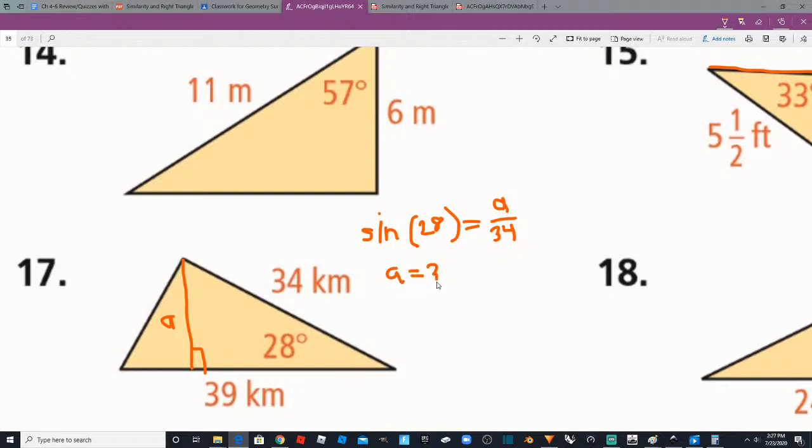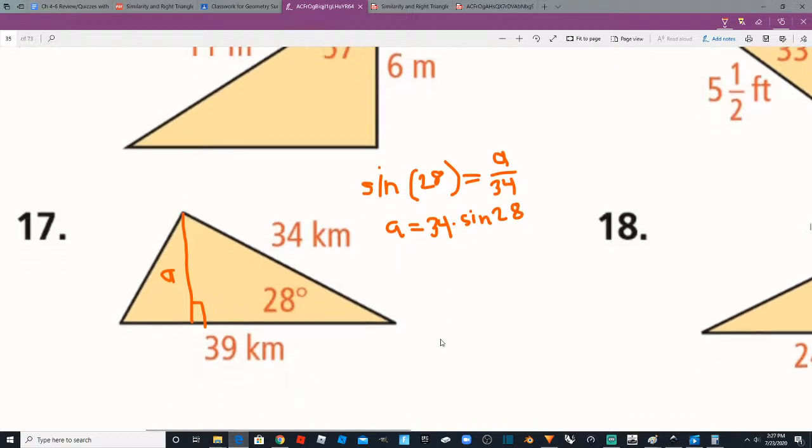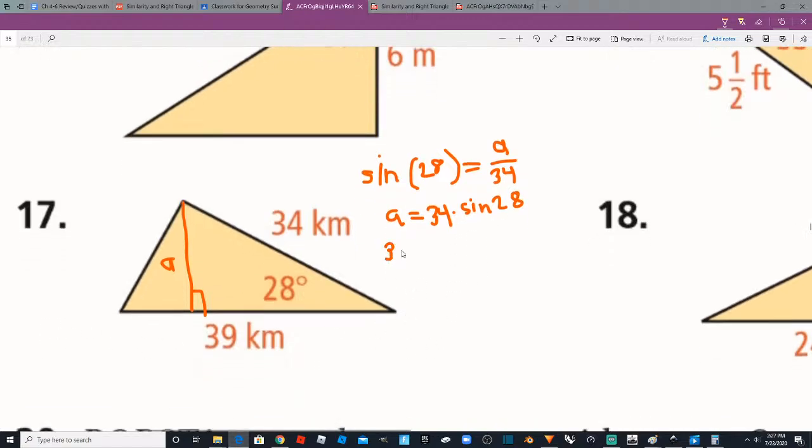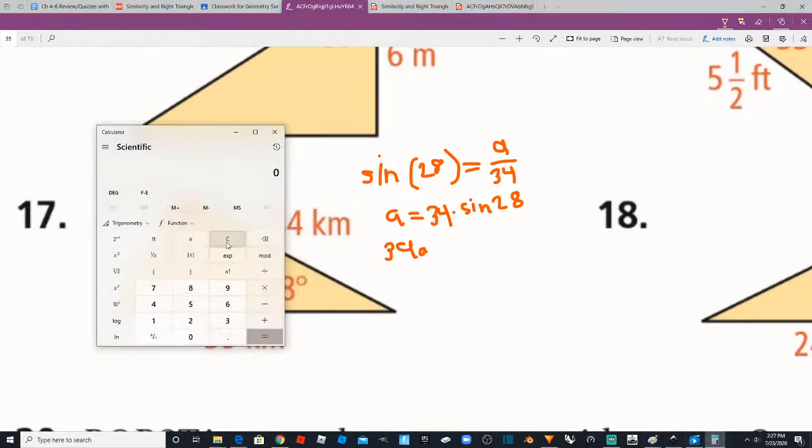A is equal to 34 multiplied by sine 28, and 39 times A is the area. So let's figure that out. Sine 28 times 34 times 39.